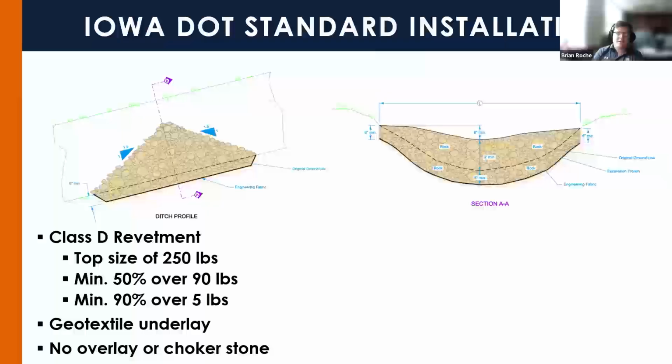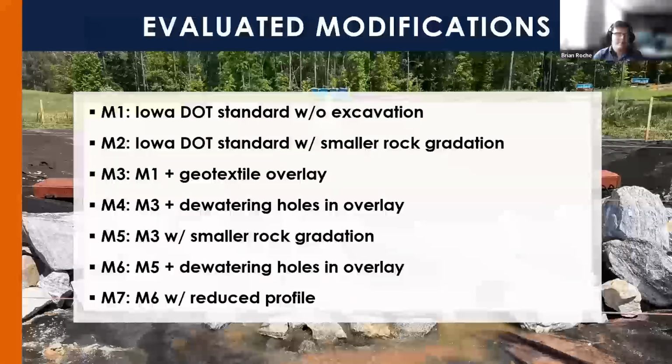Here's that Iowa DOT standard installation. It uses a large rock, a geotextile underlay, 6-inch excavation underneath, but no overlay or choker stone to increase impoundment. We evaluated 7 modifications with a combination of those modified components. All of these were developed iteratively based on the results of previous tests.